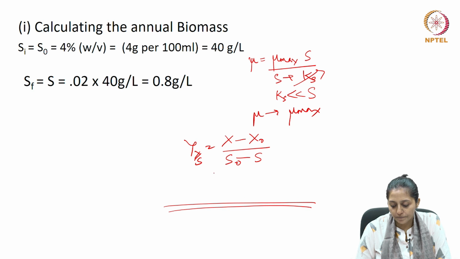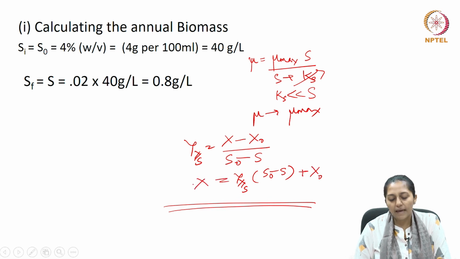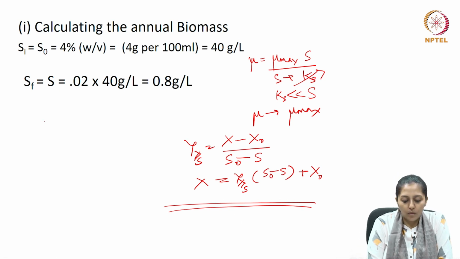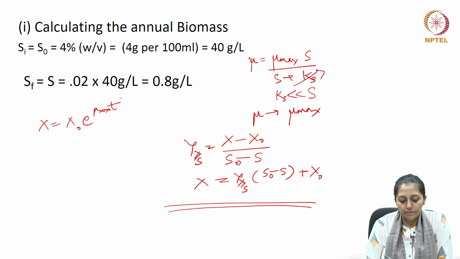So now you can relate x with S. Yx/S multiplied by S naught minus S, plus x naught, should give x. I think this is pretty simple. Now, x we know is an exponential function of time, isn't it? This is the exponential growth.